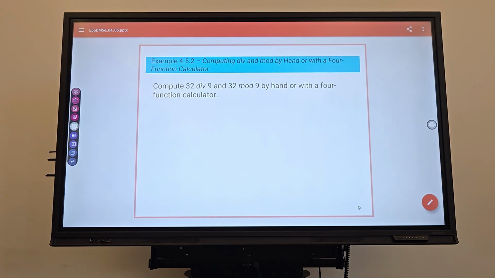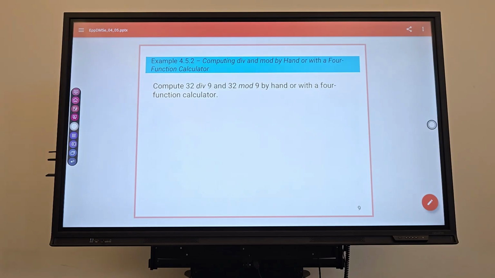What is 32 div 9? What's 4 times 9? 36, which is greater than 32. So that can't be right.